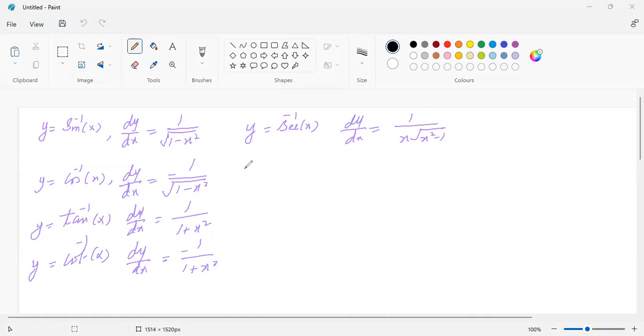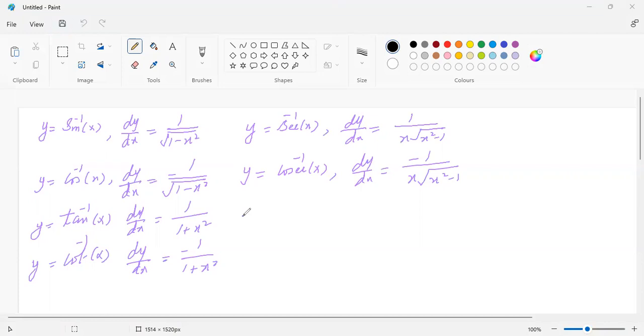And similarly, the derivative of cosecant inverse of x is equal to dy by dx, only the negative of this, x square minus 1. We can prove also these, but these are not required for the proof in the exams. So I just want to put my focus on your exam questions.